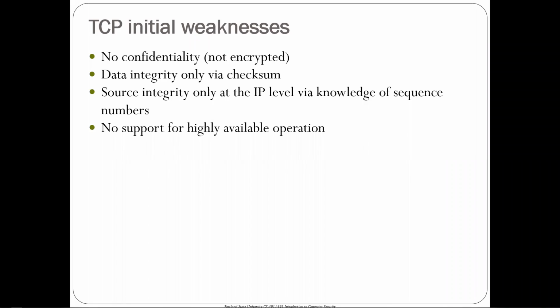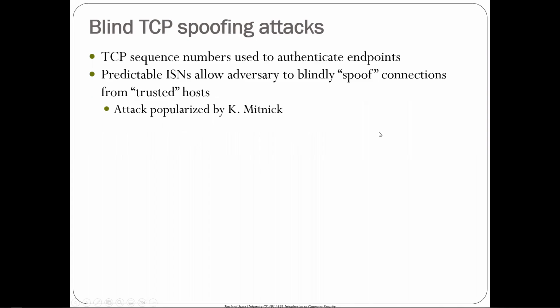So this leads us to some of these attacks on TCP. The first one is this blind TCP spoofing attack. So the fact that sequence numbers are the only thing you really need to authenticate an endpoint, then if A and B are using predictable sequence numbers, the adversary is able to blindly spoof packets in that connection.